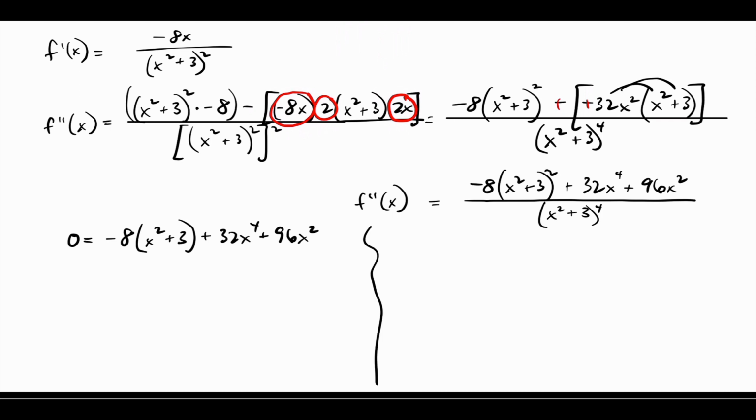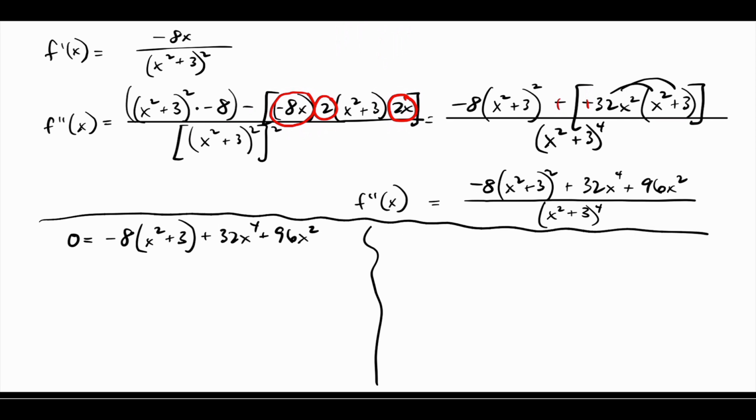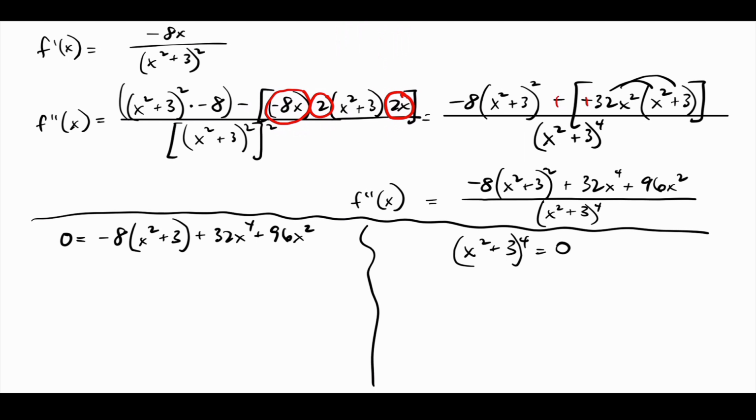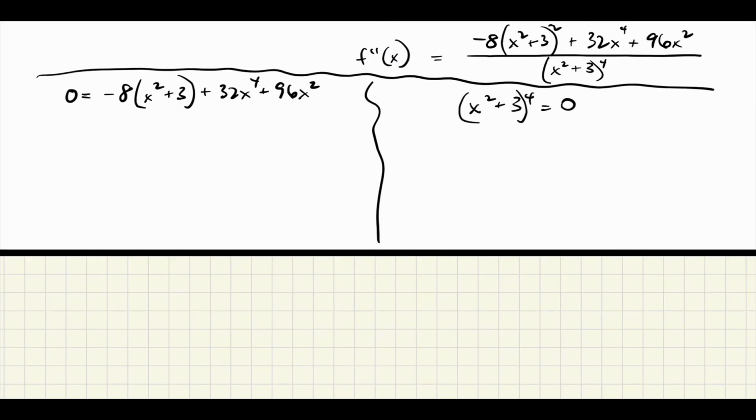And over here, I will set the bottom equal to 0. Those will all give me critical values. So I'll start with the right side, the bottom, because that one's not as long.